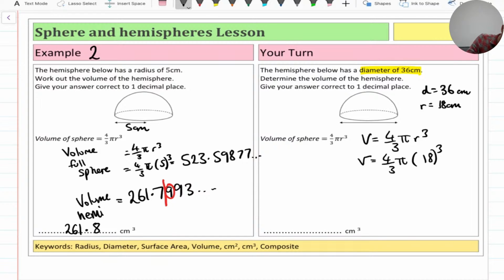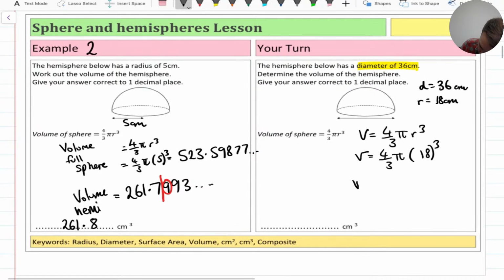Let's work that one out. So 18 cubed times by 4 divided by 3. Now I'm using my phone for a calculator now, which I wouldn't suggest. I'll get that sorted for next time.